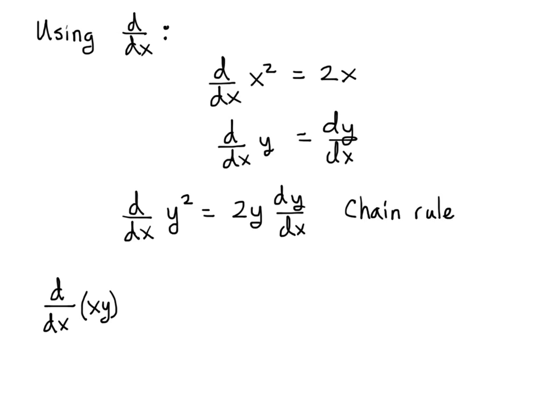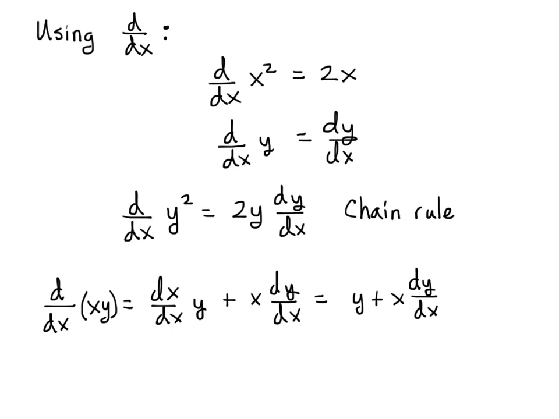Okay, now here's a product. Let's say we have x and y and we want to take the derivative of that. So we're going to use the product rule. We take the derivative first of the first term, which is dx dx, which we know is what? 1, right? The derivative of x with respect to x is 1 times y, and then we're going to add that to x times the derivative of y.